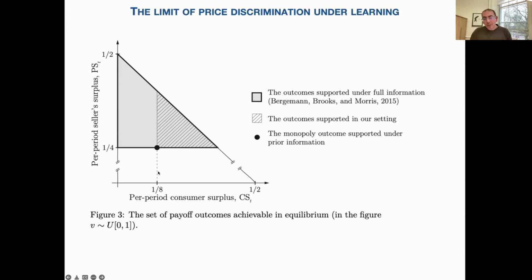This is the consumer surplus that the consumer gets under the uniform monopoly price, because that one cannot be extracted from the consumers. So this is the relation to the limits of price discrimination.